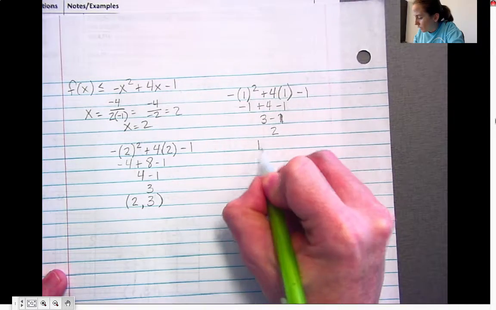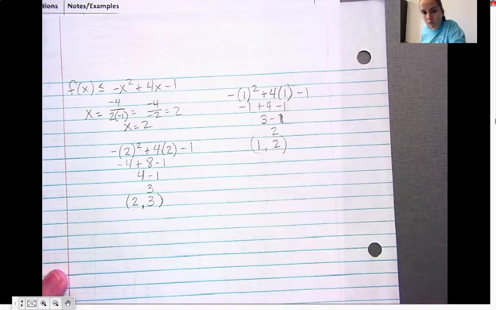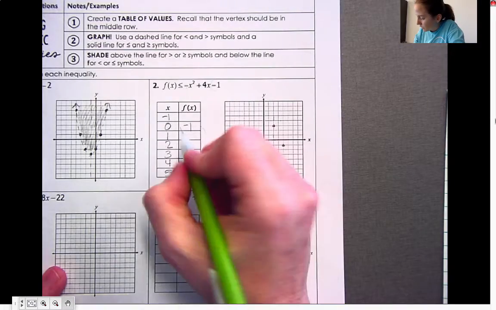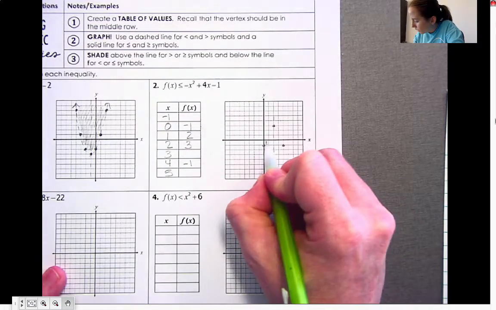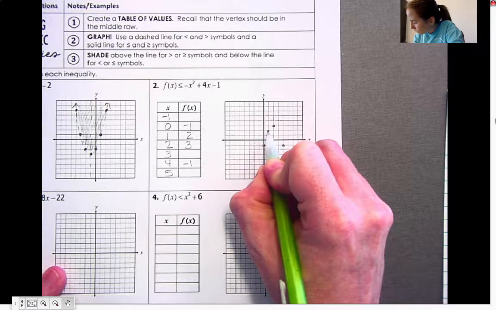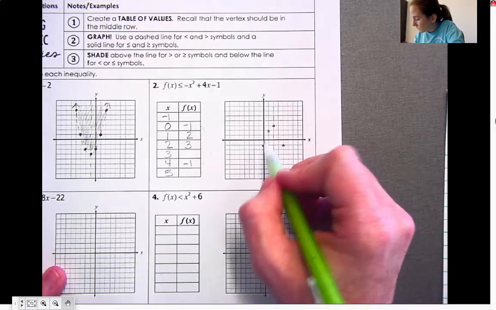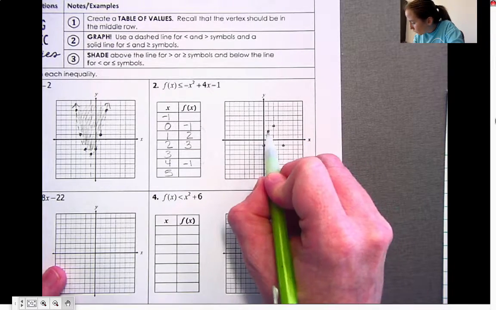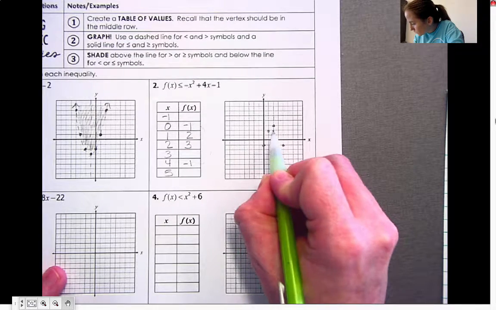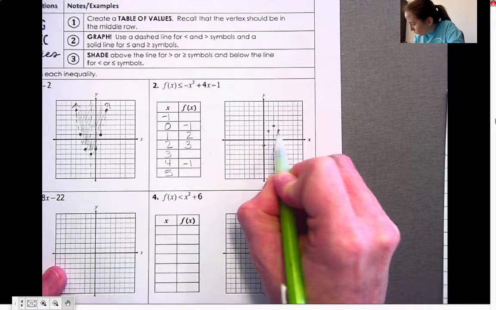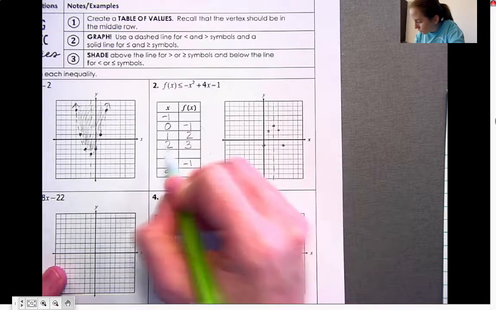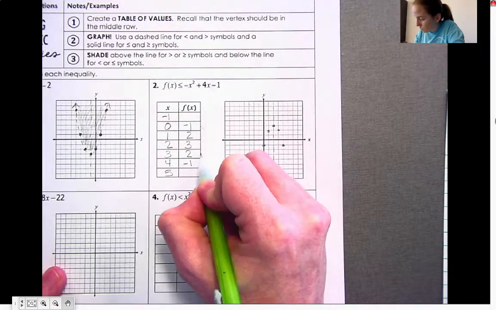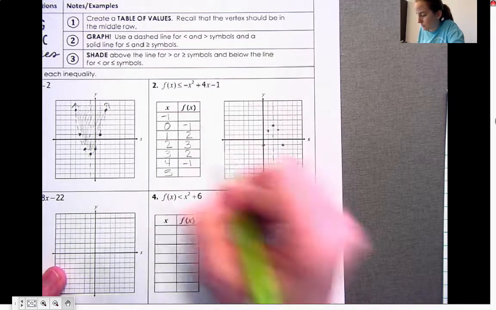So when I plugged in 1, I got 2. Which also means that if I reflect it across the axis of symmetry, I go right here, which is 3, 2. So at 3 I have 2, and again, it's symmetrically lining up here.